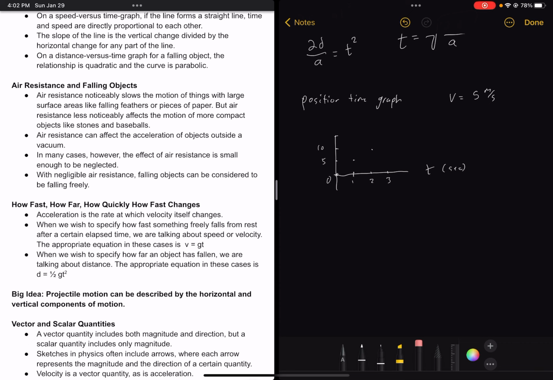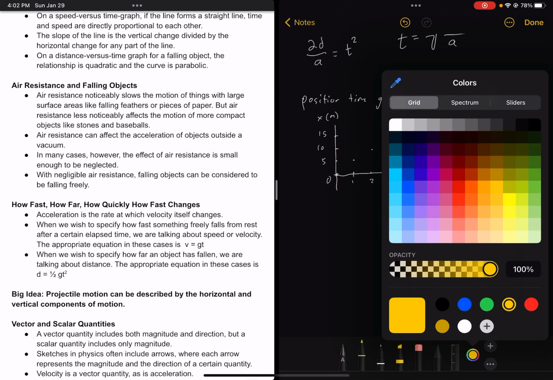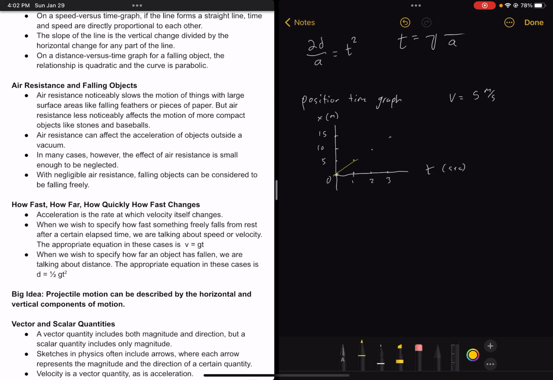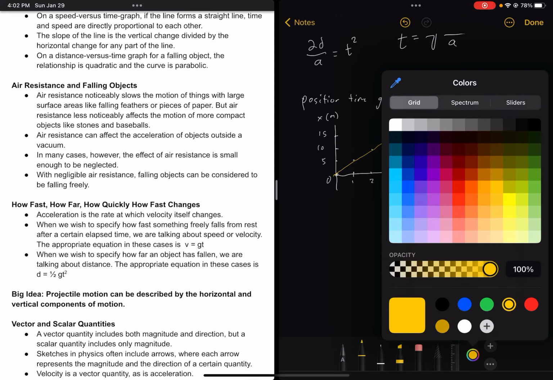All right, so let me make some space for that. So 15 meters, right? And this is position in meters. Here we have 15. And here, let's make a different color. All right, and then that slope is the velocity of the object. So you need to know that.